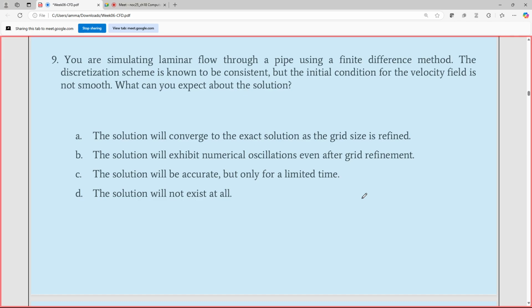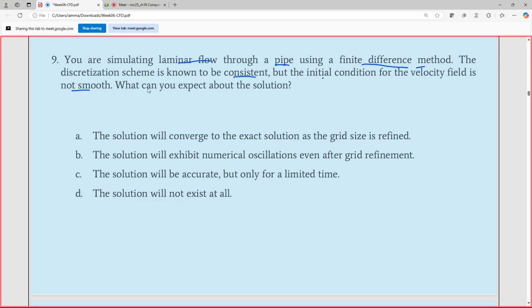Moving on to the next question. You are simulating a laminar flow through a pipe using the finite difference method. The discretization scheme is known to be consistent, but the initial condition for the velocity field is not smooth. What can you expect about the solution? The question is asking you to predict the solution for the given initial condition.